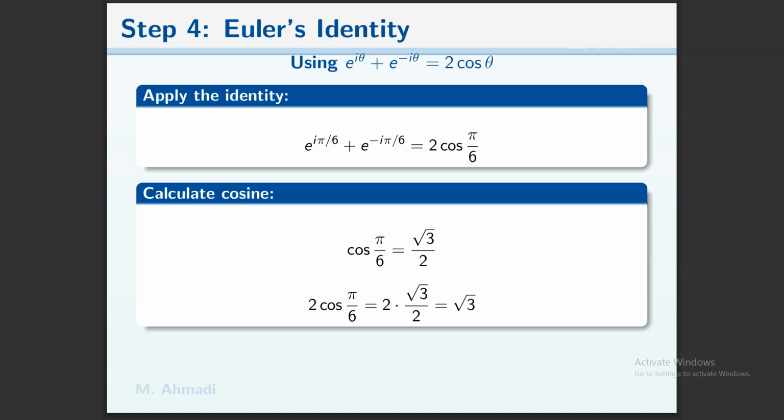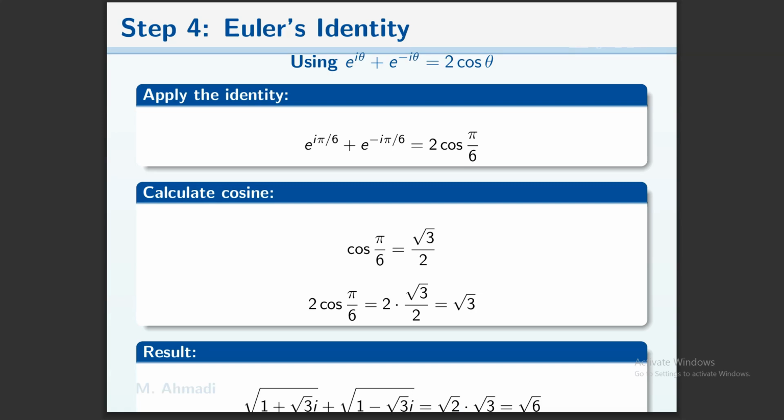So after applying the identity, e to the i pi over 6 plus e to the minus i pi over 6 equals 2 cosine of pi over 6. And the cosine of pi over 6 equals the square root of 3 over 2. So 2 cosine of pi over 6 equals 2 multiplied by the square root of 3 over 2, which equals the square root of 3.